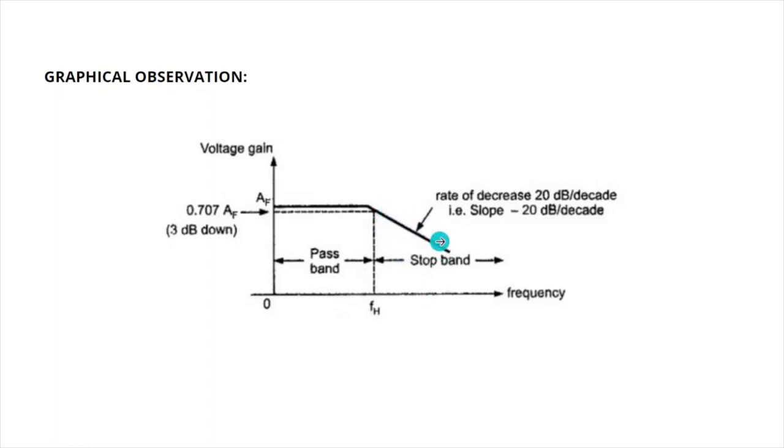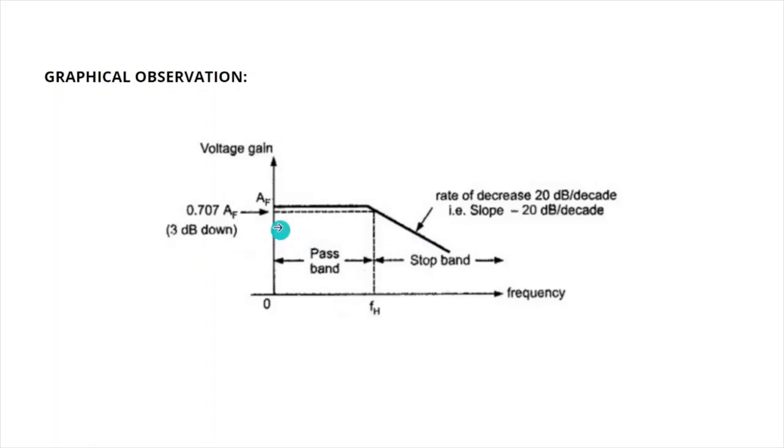Above the cutoff frequency, we can see there is a decrease in the gain. This decrease is nothing but the roll-off, which is further calculated, and I will show you how it is calculated in the upcoming slides. The rate of decrease is usually 20 dB per decade. Decade basically indicates it is decreasing, and if we calculate the slope, it is minus 20 dB per decade.